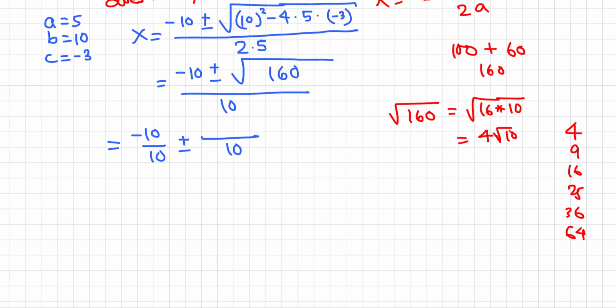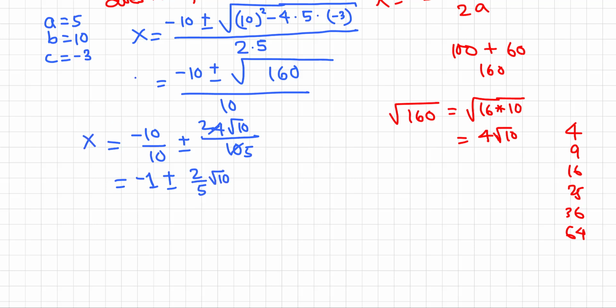Some of you might know different ways. Just simplify, or use your calculator. Some calculators give the square root of 160 as just 4 root 10. Then 10 over 10 is 1, so negative 1 plus or minus 4 root 10 over 10, which is 2 root 10 over 5.